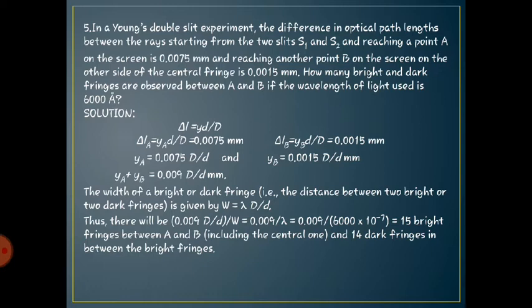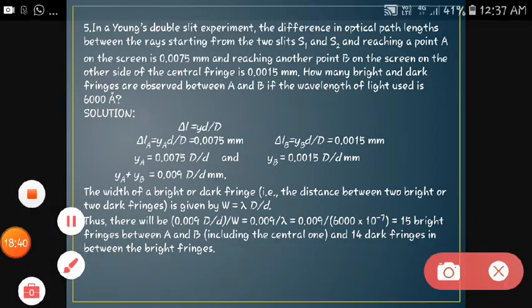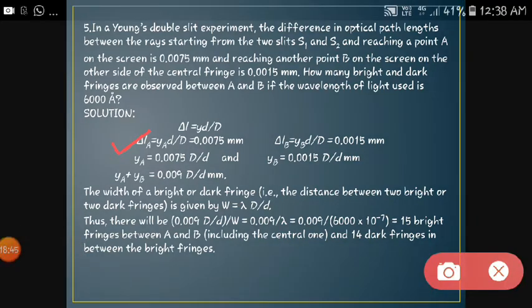So let's see. Even the wavelength is given. So delta L, which is path difference, is y d upon D, the general formula for this. For A, I have written delta L_A, which is y_A d divided by D. Obviously small d will be the same, capital D will be the same, just what will change is small y, the distance from the central fringe to that single point, maybe dark, maybe bright.